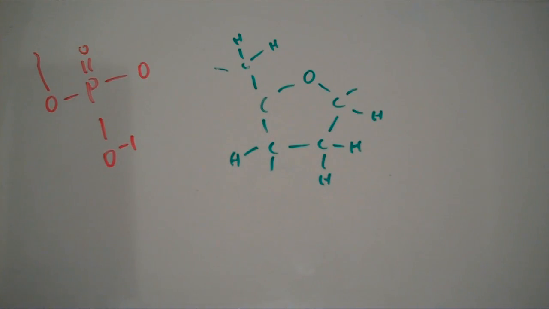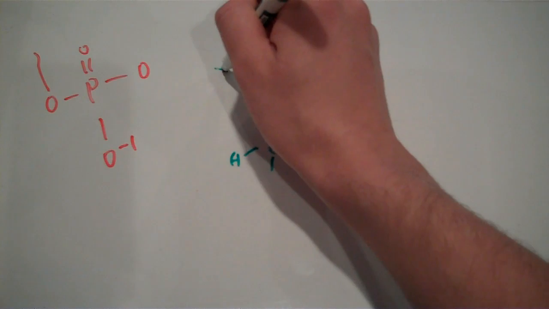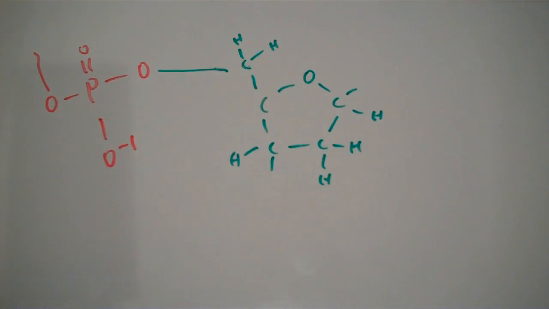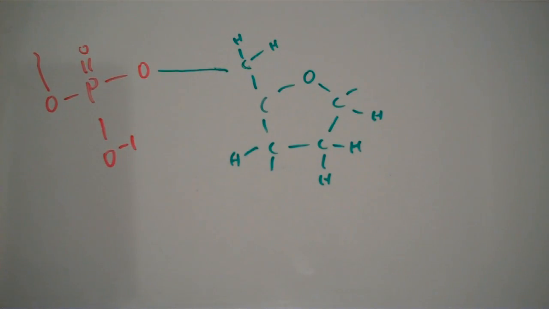Now, each of the OH groups are replaced with covalent bonds to different things. For example, this OH group is replaced with a covalent bond to that oxygen. So that is how the phosphate group and the deoxyribose connect in a specific nucleotide. They connect via that.